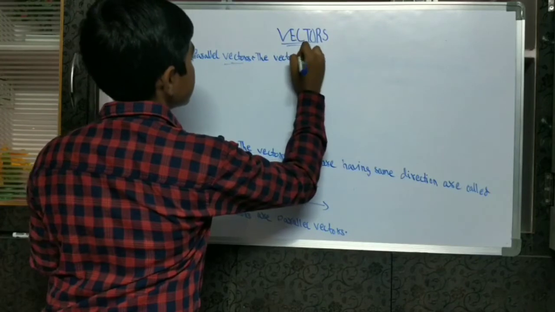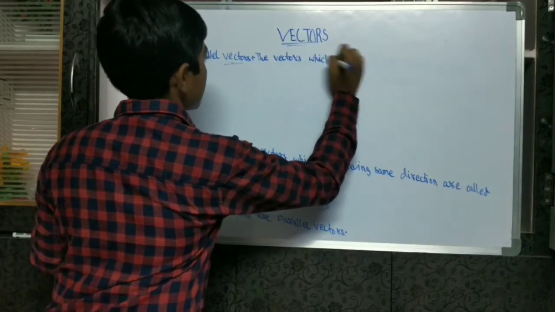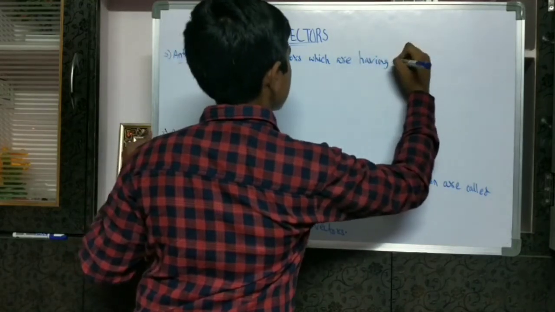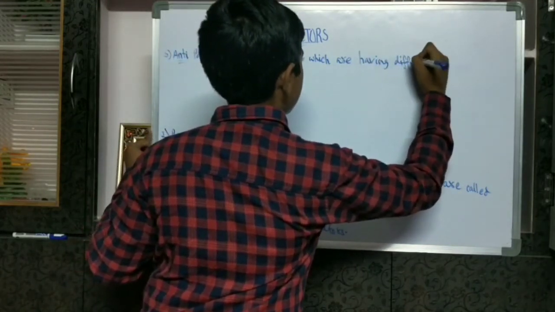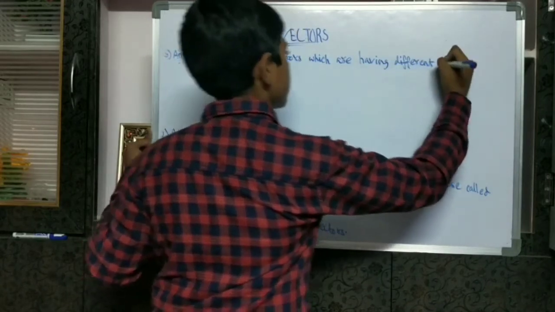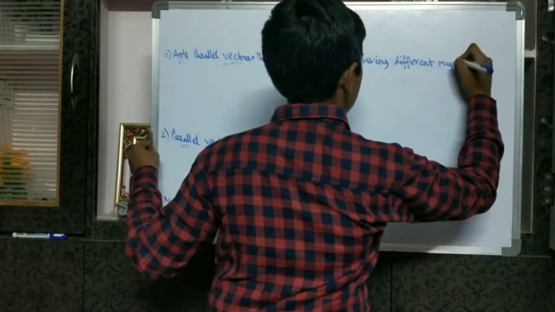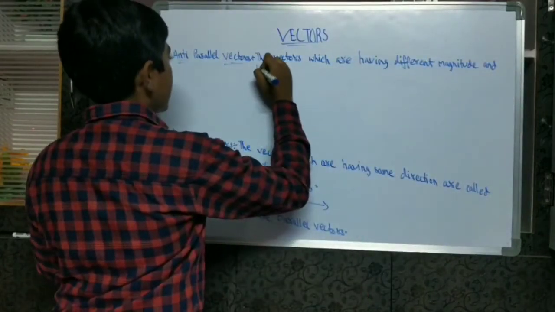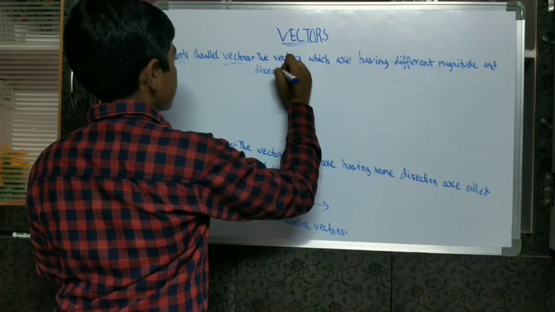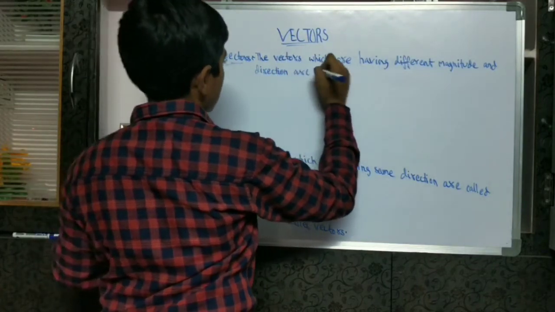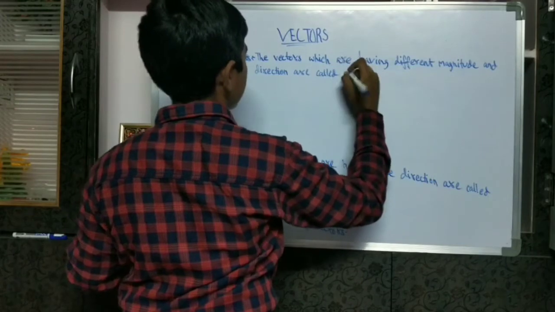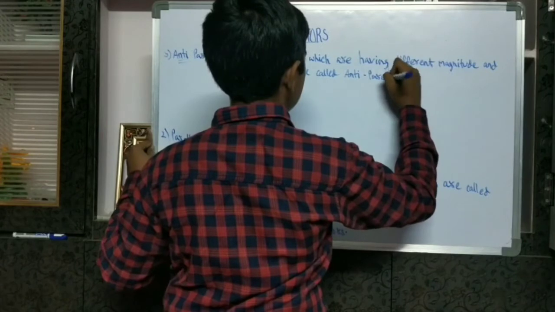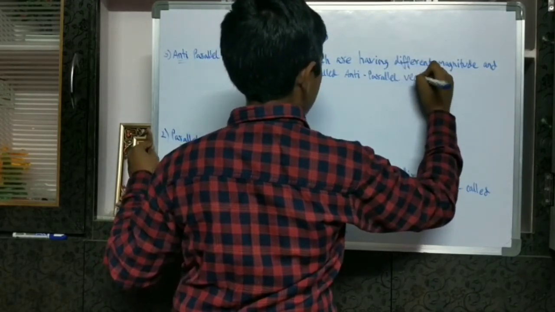The vectors which are having different magnitude and opposite direction are called anti-parallel vectors.